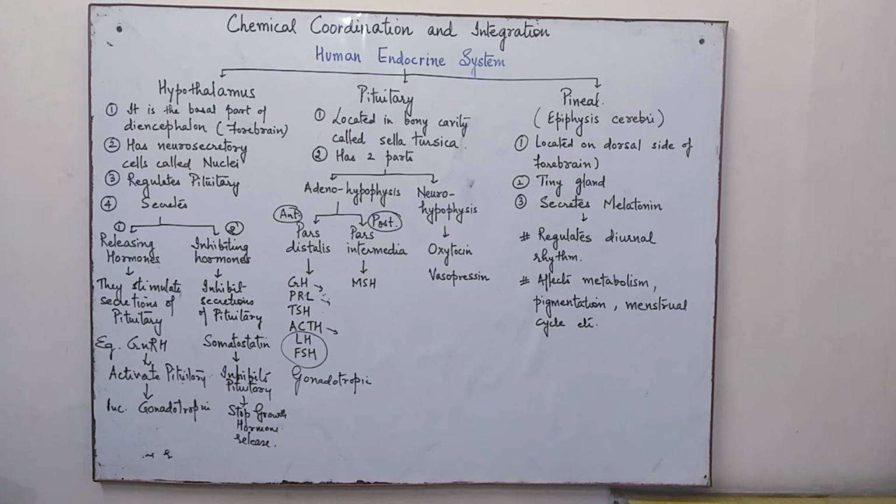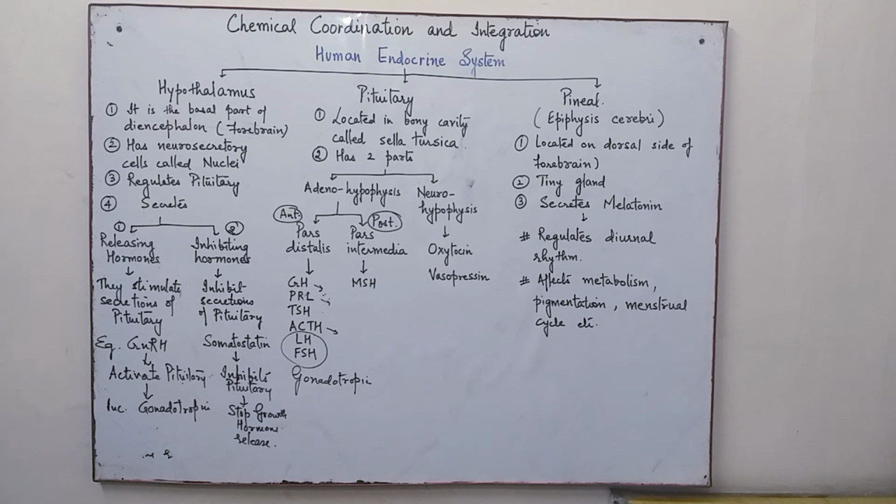The LH stimulates the synthesis and secretion of the hormone known as androgen within the testis. So LH acts in males, and FSH and androgen in the males help in spermatogenesis, that is, the formation of the sperms.